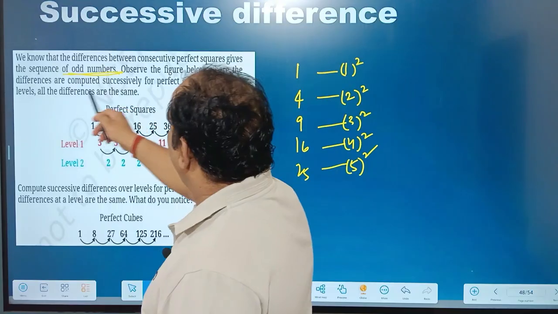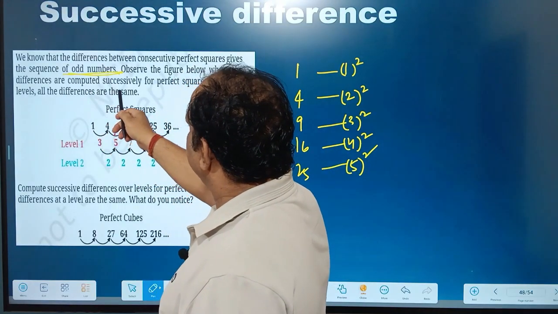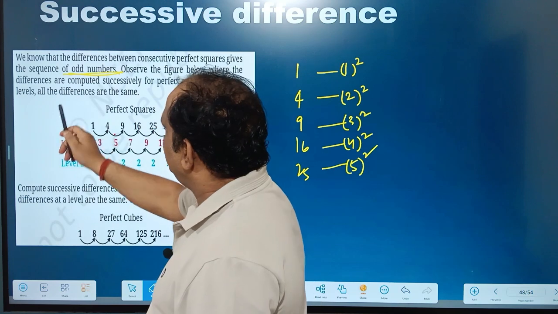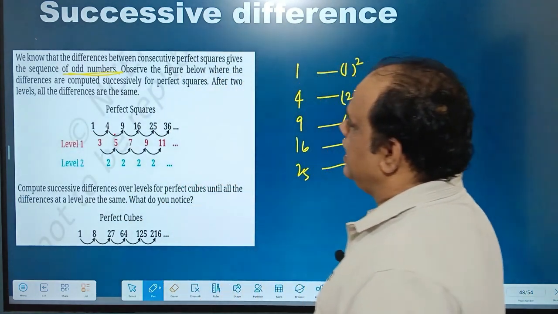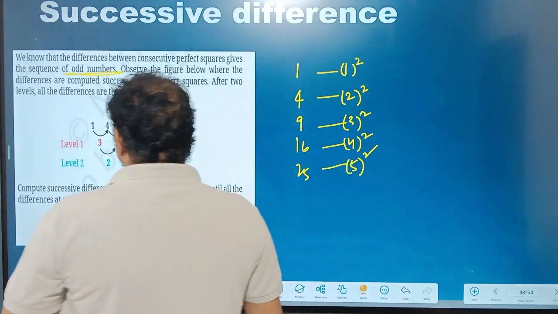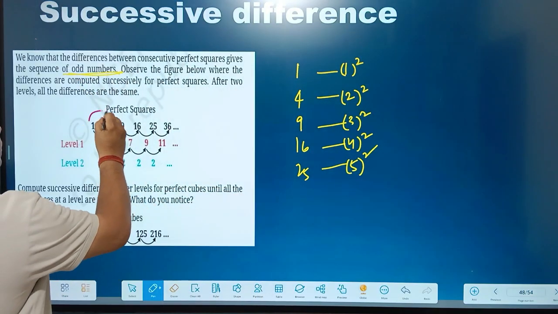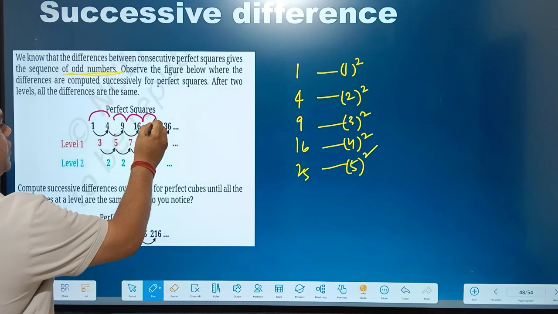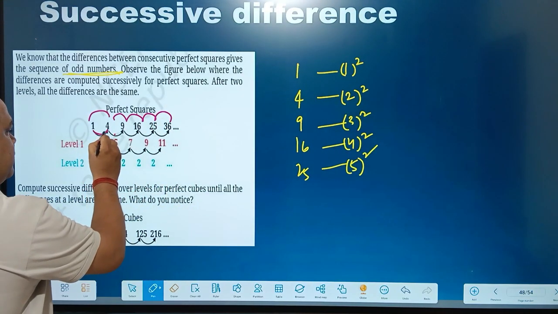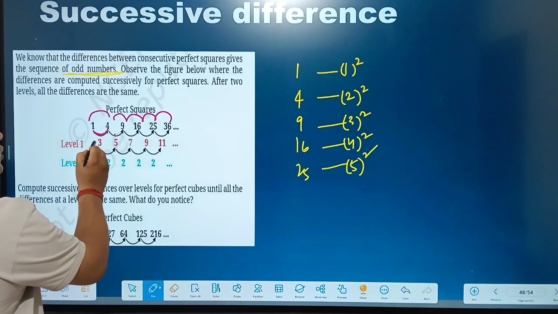Observe the figure below where the differences are computed successively for perfect squares. After 2 levels, all the differences are the same. What does this mean? This is 1, 4, 9, 16, 25, then 36. It will keep on going. So if you see the difference here, 4 minus 1, 3.